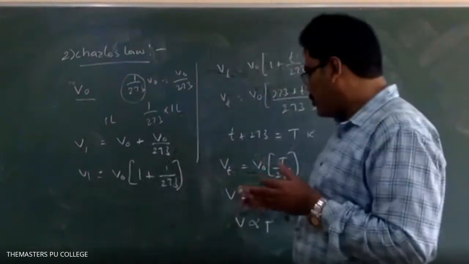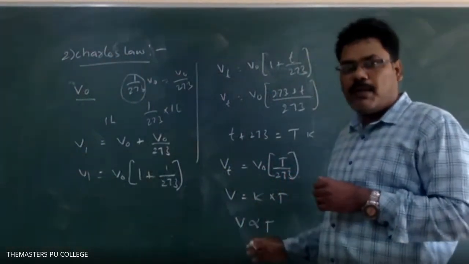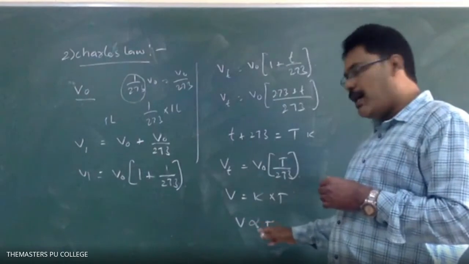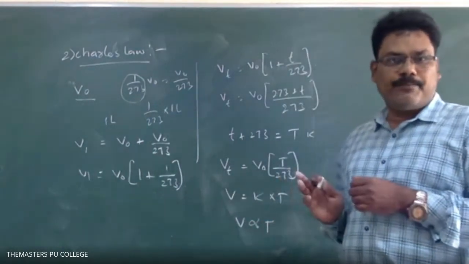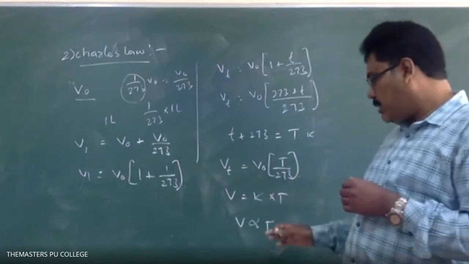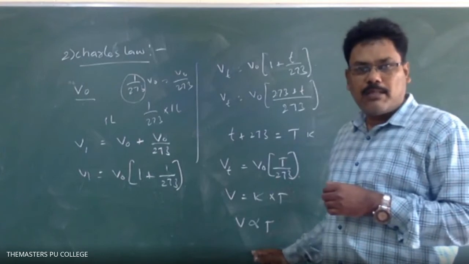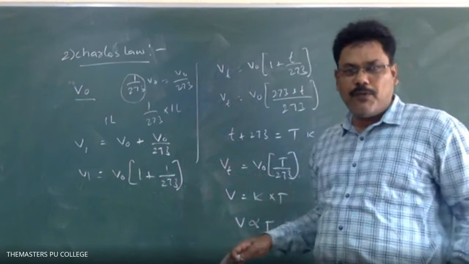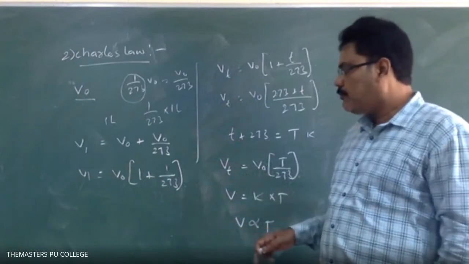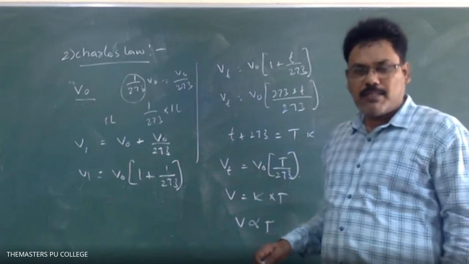And one more statement: at constant pressure for a fixed amount of gas, the volume is directly proportional to absolute temperature. This is the second statement. This one you wrote, all of you? Yes, sir. Please respond, students. Yes, sir.